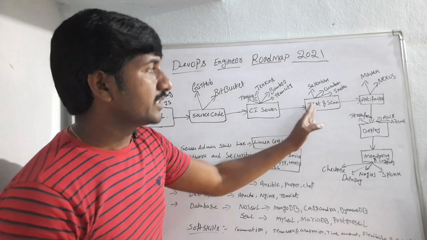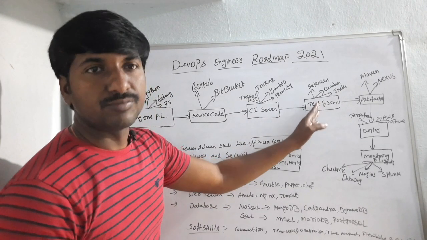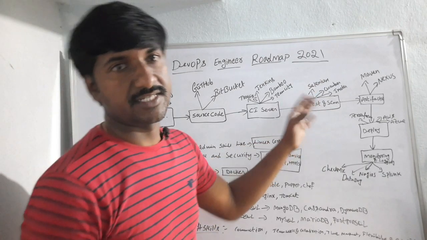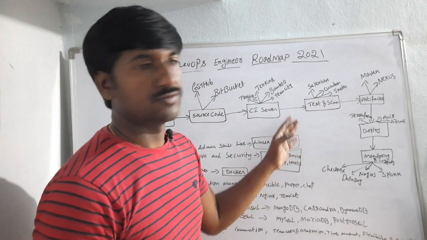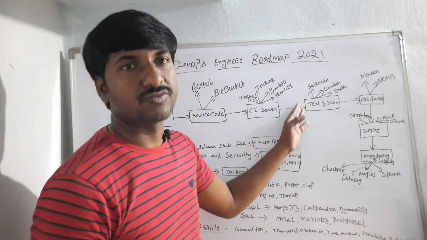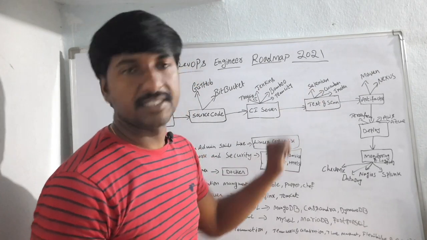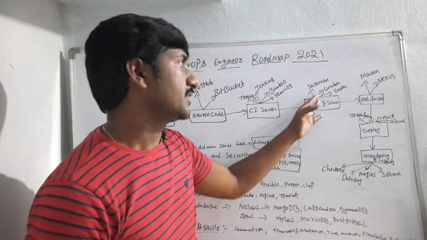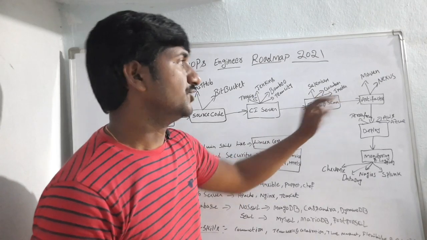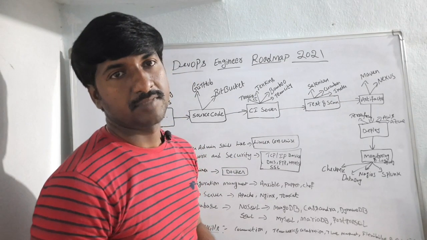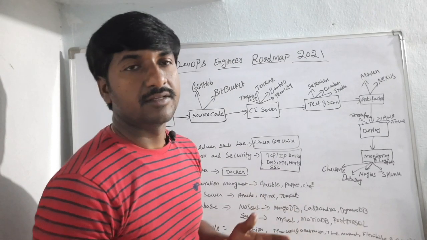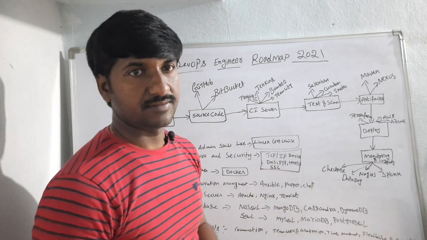Then, for testing or scanning purposes, you must understand automation testing as well. The most popular automation testing tool for web applications is Selenium, and you must also learn Cucumber and JMeter, and it is also very good if you know SOAP UI as well.